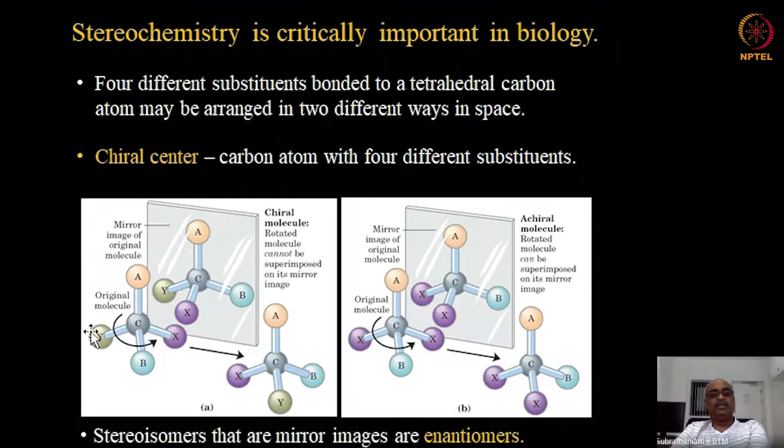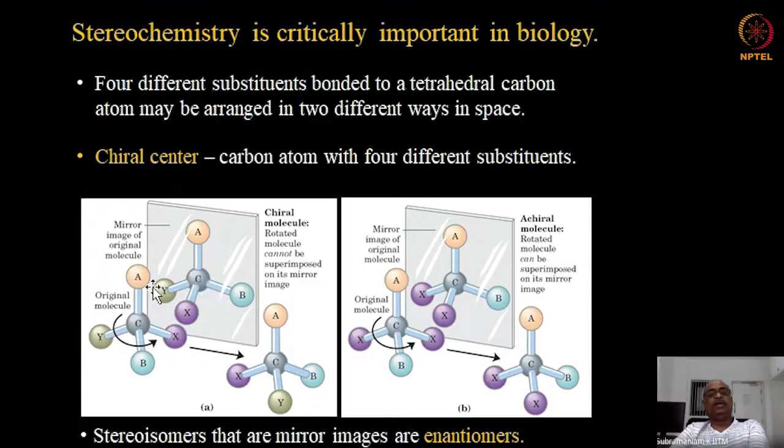If you try to rotate this molecule, it will not match the one shown in the mirror so that you can superimpose. When B orients correctly, but Y doesn't, and instead X comes, then when you rotate, you can't superimpose on the mirror image of the molecule.